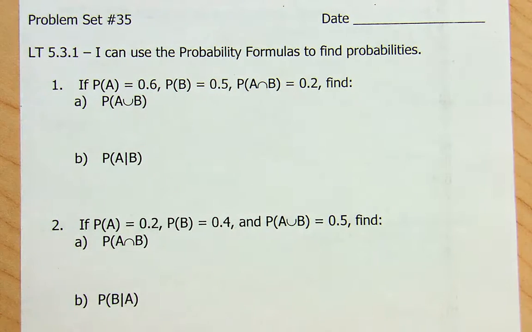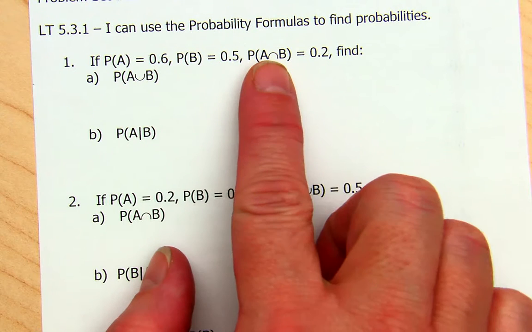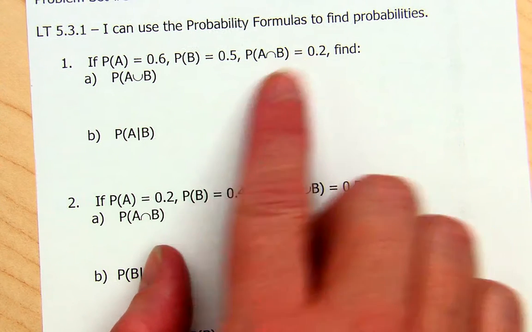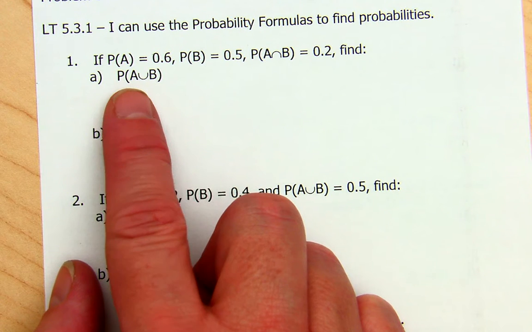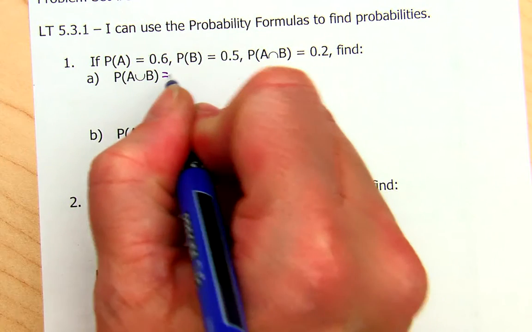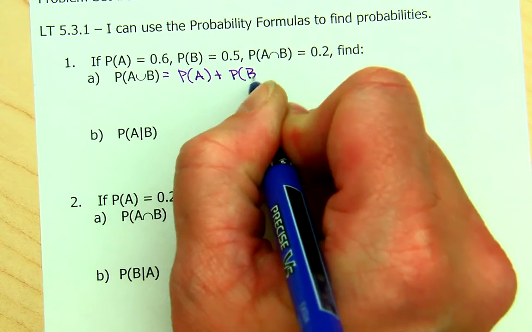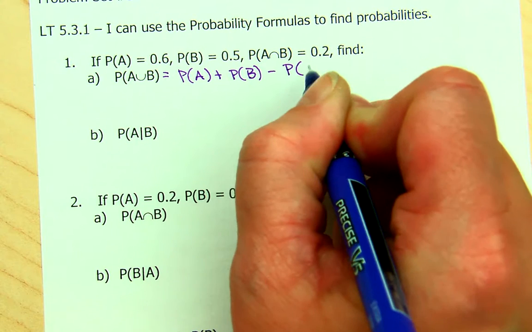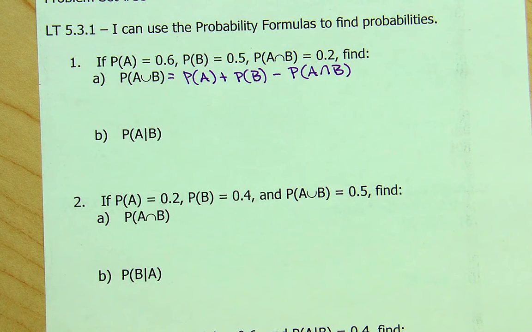So this first one, we're given the probability of A, we're given the probability of B, and we're given the probability of A and B. They want us to find the probability of A or B. So this is that general addition rule. To find it, we do the probability of A plus the probability of B minus the probability of both. That's our general addition rule.